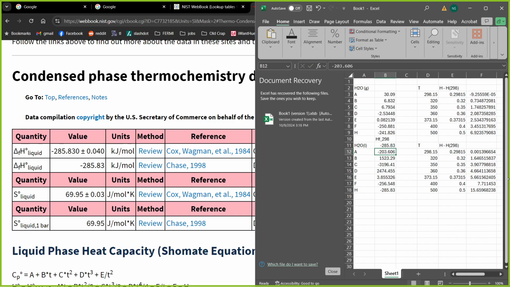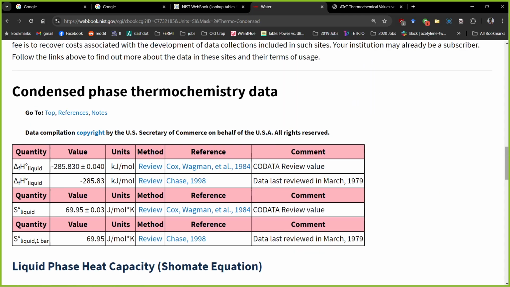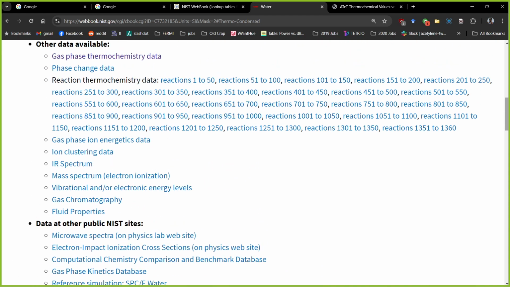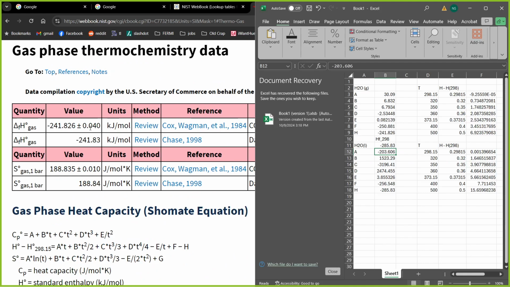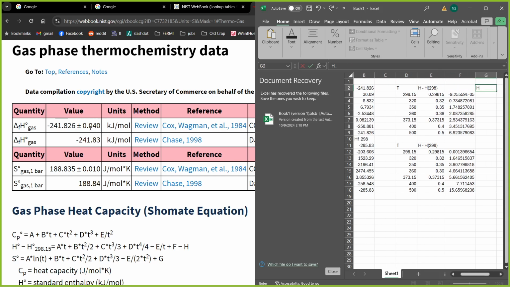And for the gas phase, let's just go back up and grab it: minus 241.826. So to get the enthalpy at some temperature, we take the difference and add it to the 298 enthalpy, right?